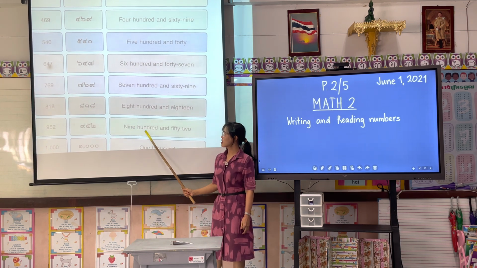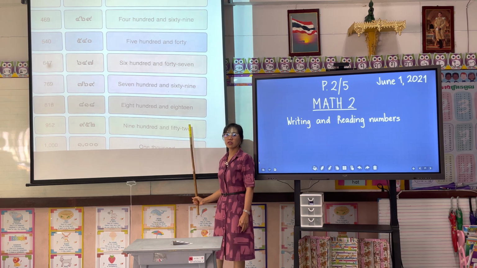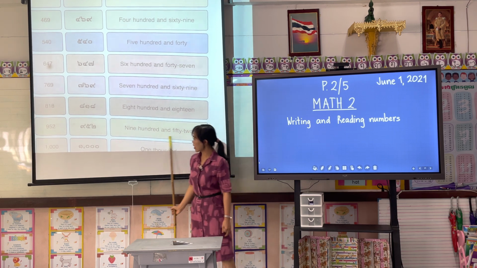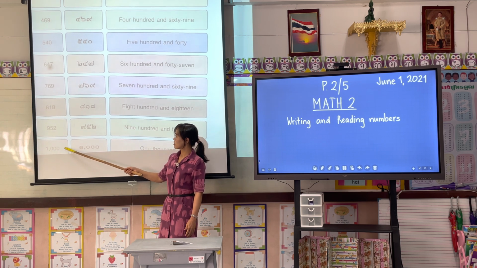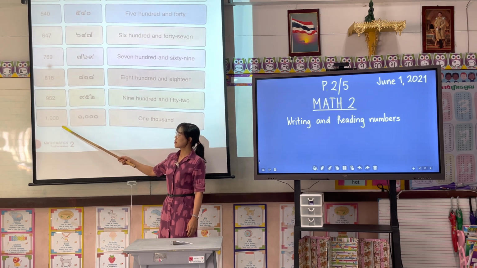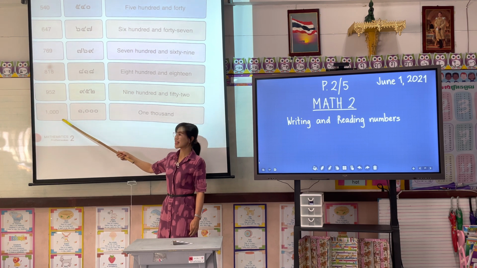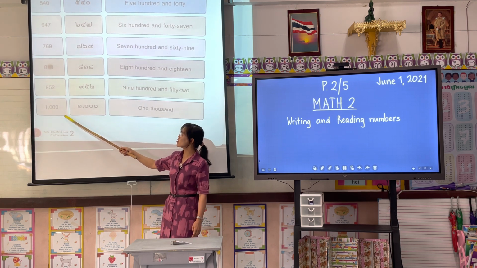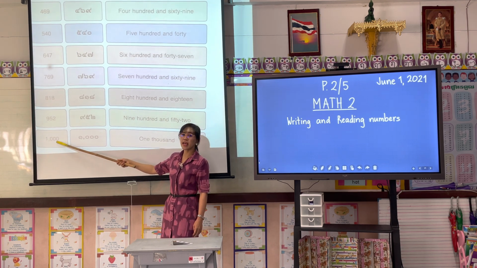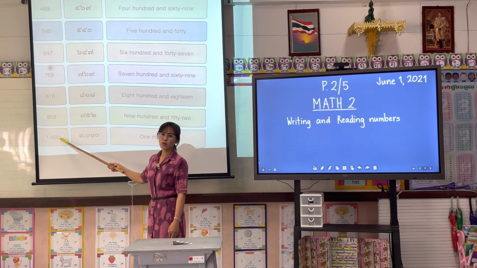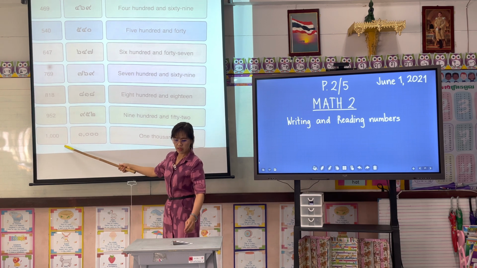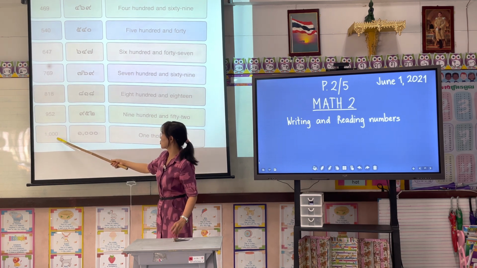Word 952. Okay, and we have here the biggest number. So we will be talking numbers until 1000. Okay, here in 1000, how many zeros are there? 1, 2, 3. In 1000, there are 3 zeros.